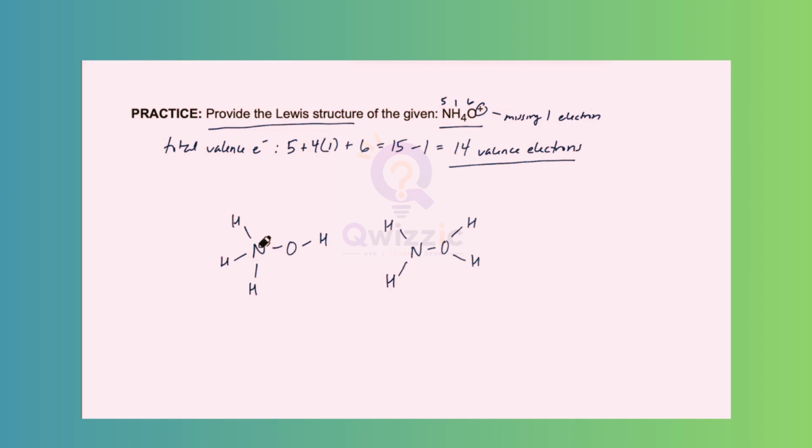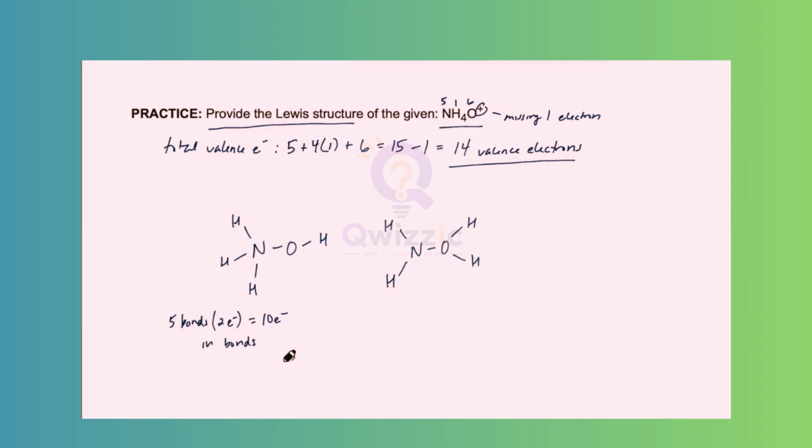So I have, first count the total number of bonds. So I have 1, 2, 3, 4, 5 bonds. So 5 bonds multiplied by 2 electrons equals 10 electrons in bonds, so 10 bonding electrons.